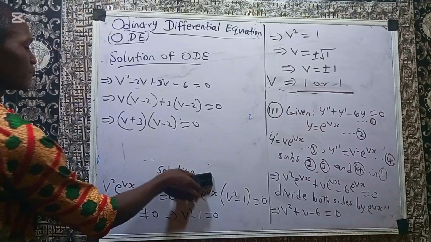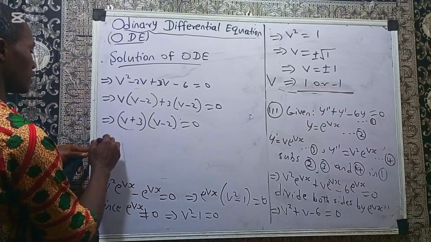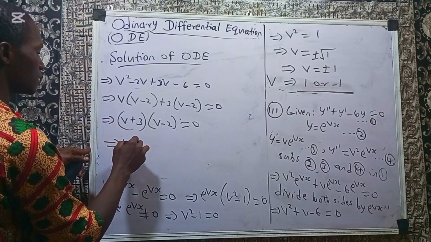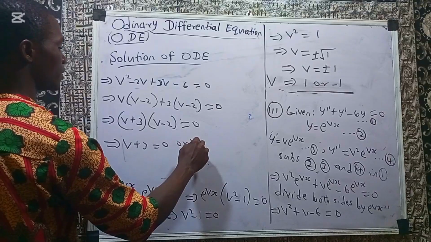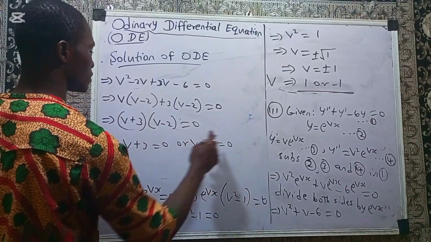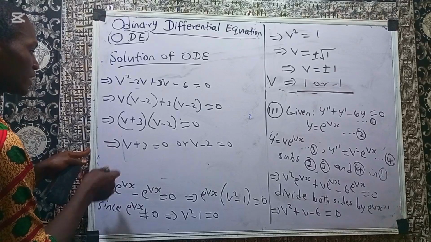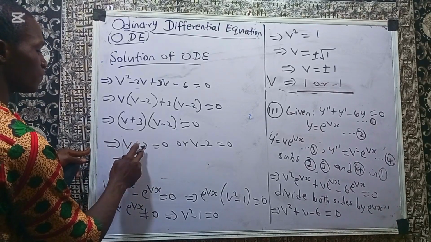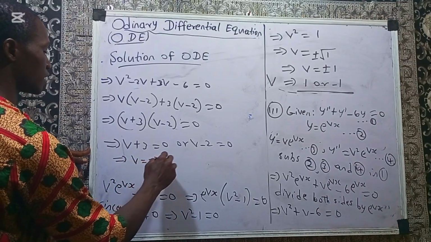Now this product is giving us 0. It implies that either one of them is 0. So v plus 3 equals 0, or v minus 2 equals 0. Solving the first, move positive 3 to the right-hand side, and v equals negative 3.